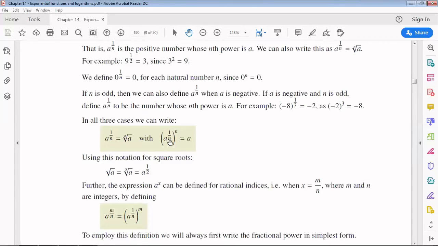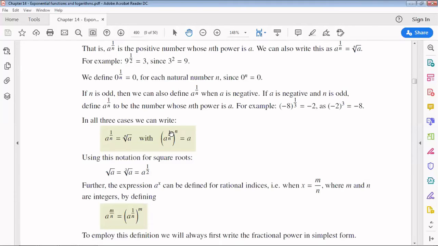Similarly, when we have to solve any fractional power, when we have to take the answer of this base, then we have to remove this fractional part. And the easy way to remove any fractional power in indices is to multiply it with its reciprocal.